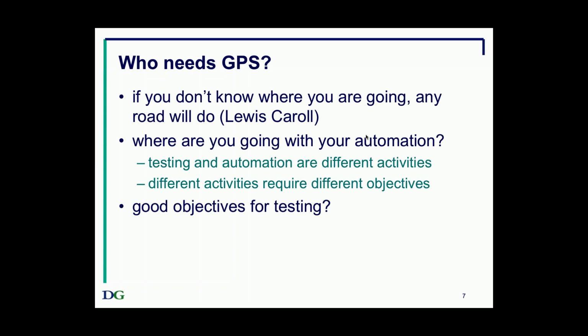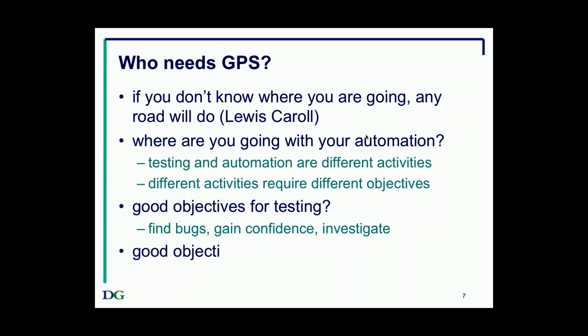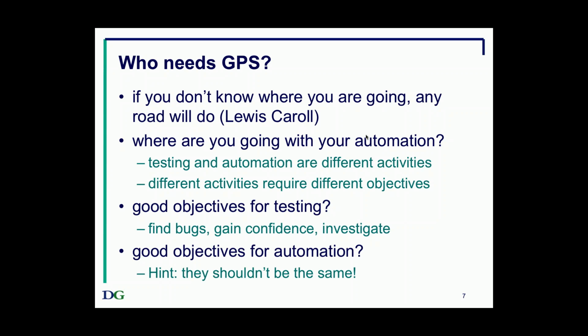So there are good objectives for testing, such as find lots of bugs, gain confidence, do some investigating, but are those good objectives for automation? Well, the objectives for automation should be objectives for testing, because testing and automating testing are two different activities.